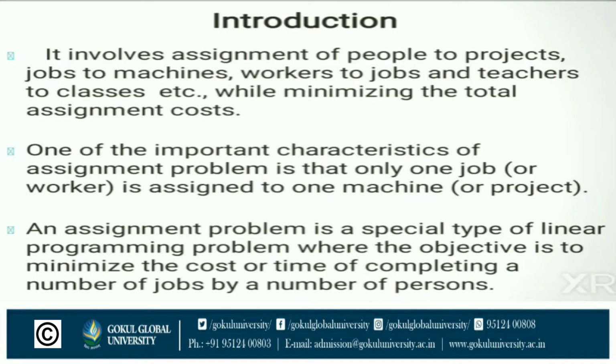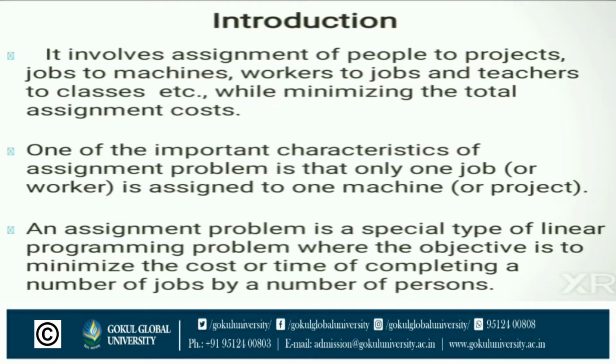Introduction. It involves the assignment of people to projects, jobs to machines, workers to jobs, and teachers to classes, and so many other kinds of assignment, while minimizing the total assignment cost. One of the most important characteristics of an assignment problem is that only one job or one worker is assigned to one machine or one project. So a particular person has a particular job, and a particular worker has a particular project.